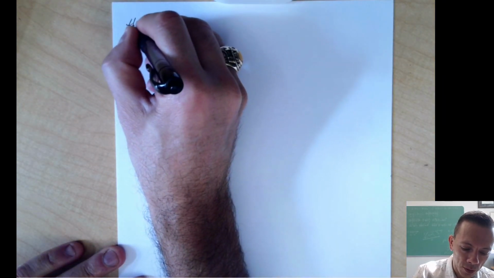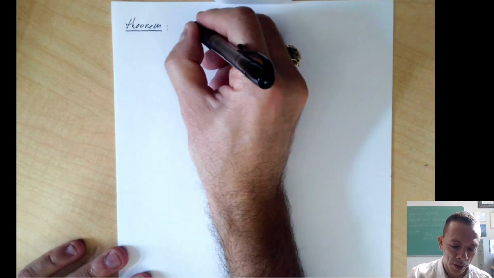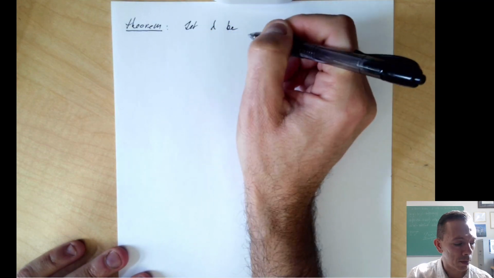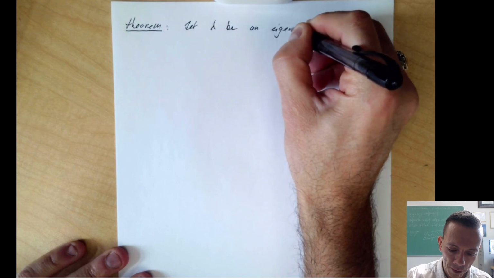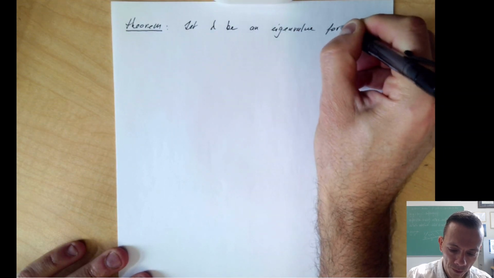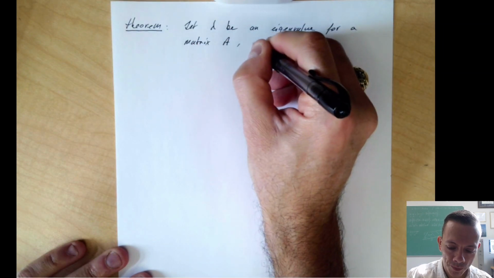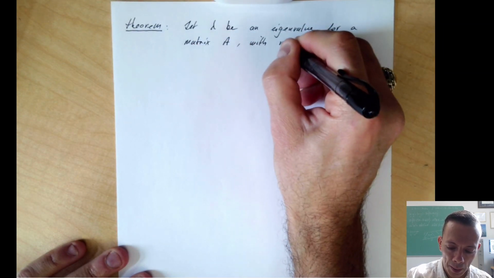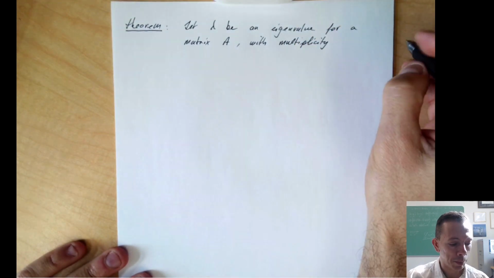So as you see, there's an interesting relationship between the dimension of the eigenspace and the multiplicity of the corresponding eigenvalue. So let's write this as a theorem. Let lambda be an eigenvalue for a matrix A, with multiplicity m.